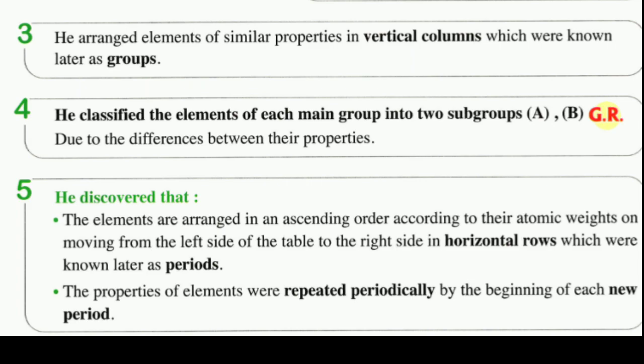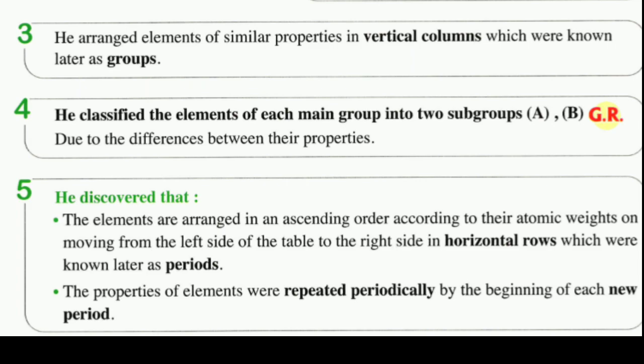Fourth, he classified elements of each main group into two subgroups, A and B, due to the difference between their properties. He discovered that the elements are arranged in an ascending order according to their atomic weights when moving from the left side of the table to the right side in horizontal rows, which were known later as periods. The properties of elements were repeated periodically at the beginning of each new period.